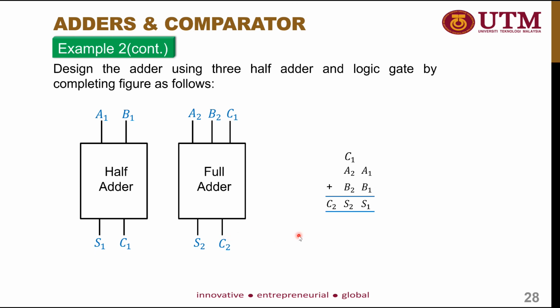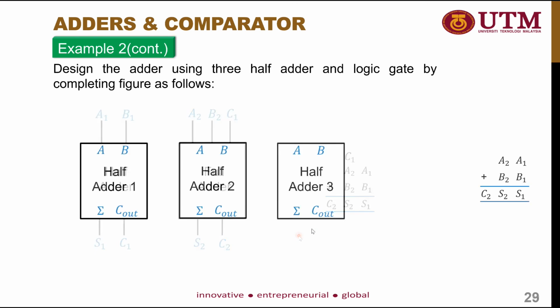The question asks you to design the circuit by using 3 half adders. So how do you design the circuit into 1 half adder and 1 full adder? Let's take a look at the final answer of the question. This is the final answer of example 2 part B.